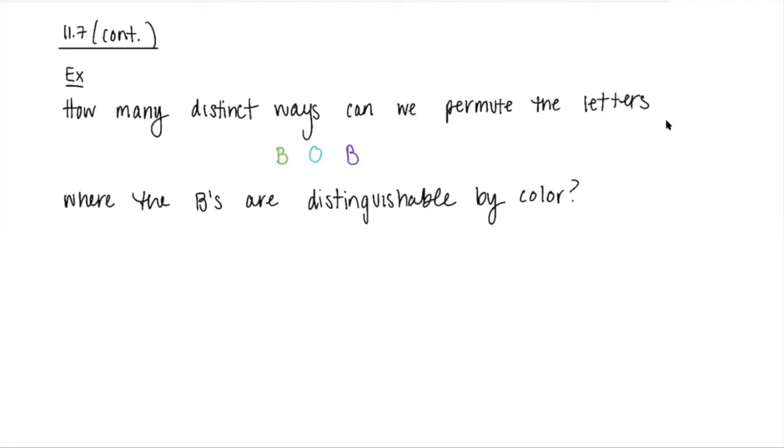Basically we can tell those different B's apart, so the green B versus the purple B creates a different order.